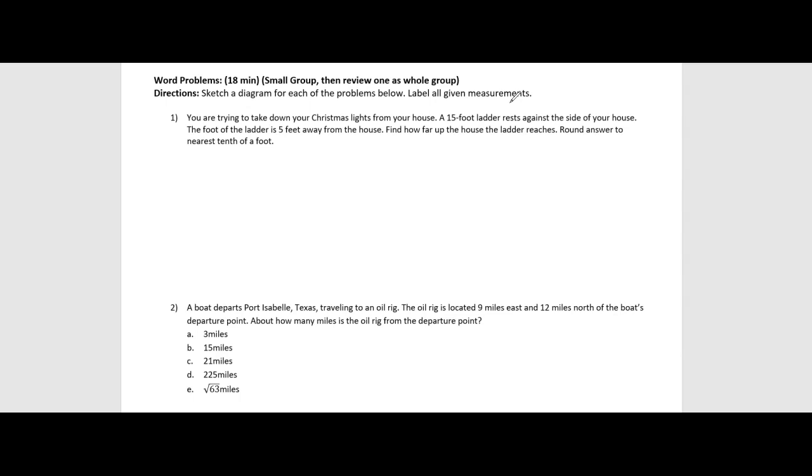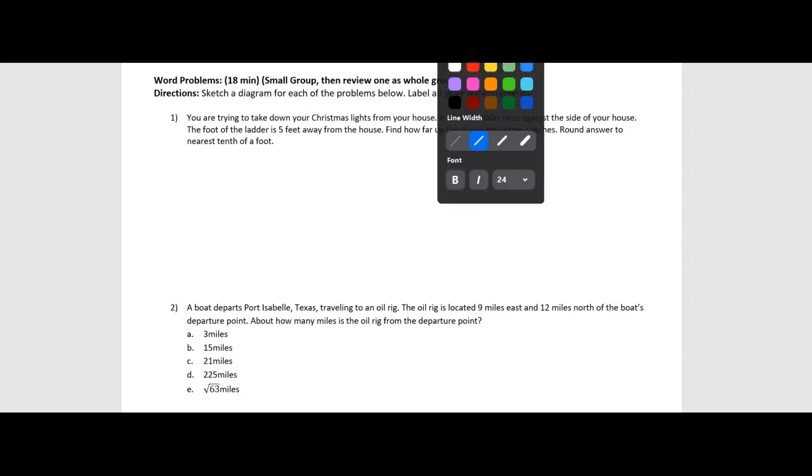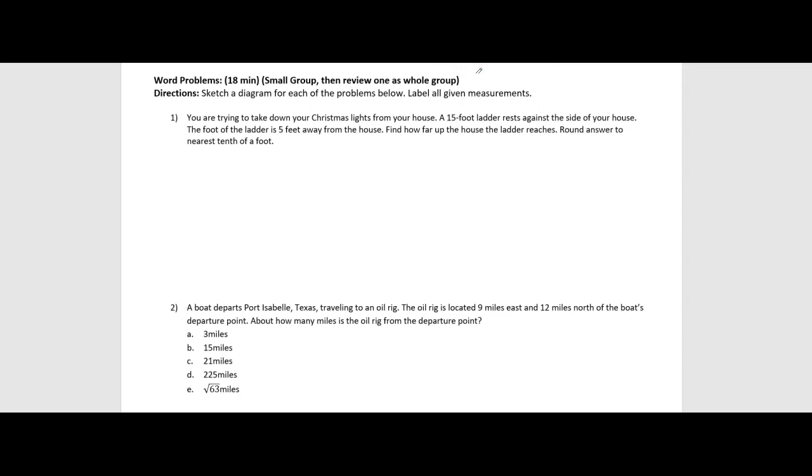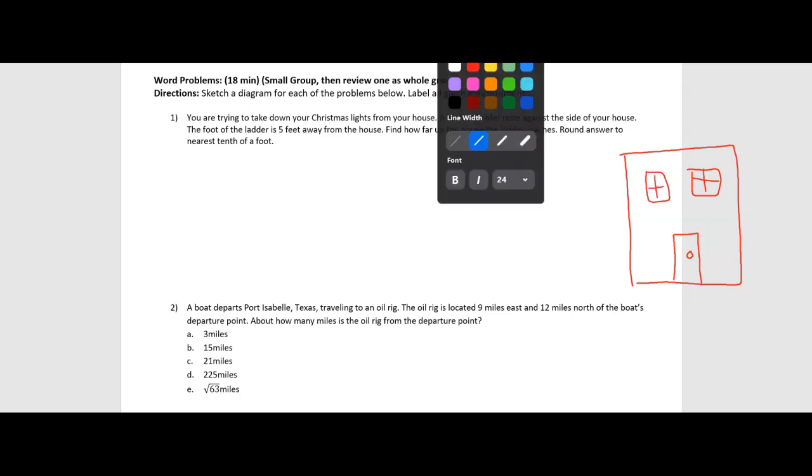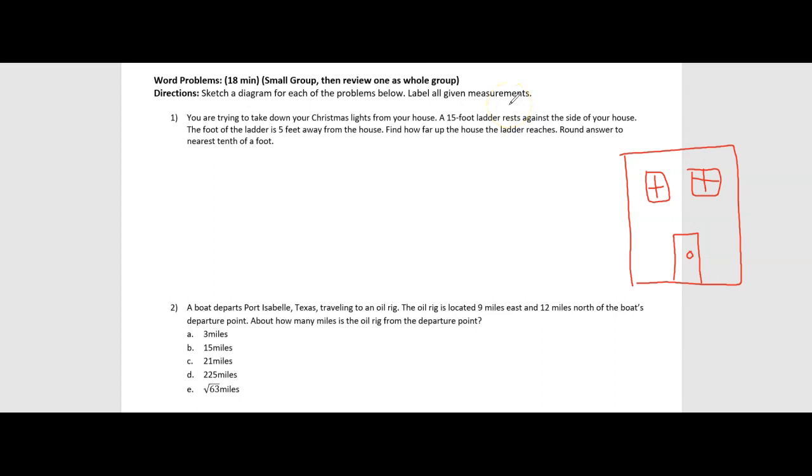So again, I like to draw a diagram that helps me visualize what's going on. So I'm going to say, here's my house. We'll make this a very general house. You really don't even have to give this much detail. A simple line would suffice. And I have a 15-foot ladder.